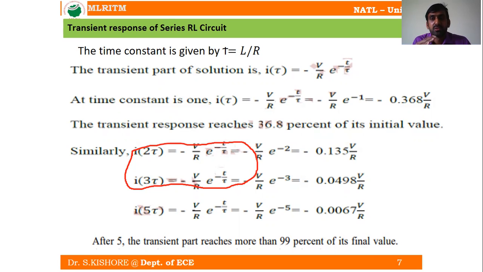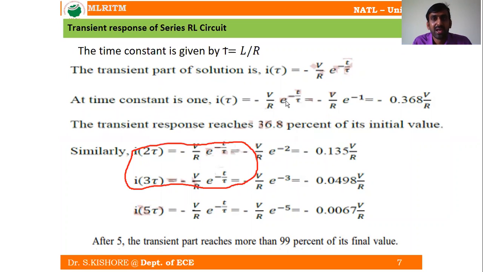The transient part is going to reach almost 99% only after 5 TC, or 5 tau. At 5 tau only we are going to have the large value here. Is it clear? So that is the case with respect to the time constant here.